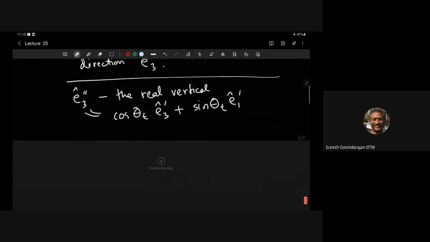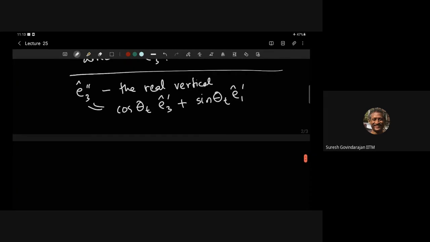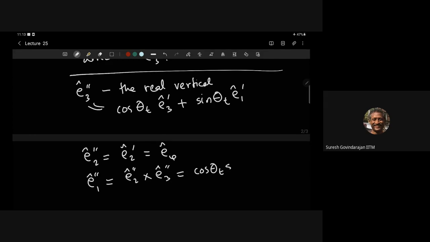So that is E3 double prime. Then E2 double prime will be just E2 prime, nothing happens, which is also equal to E hat phi. And then E1 double prime will be E2 double prime cross E3 double prime, just using the cross product. You can work this out; it is just cosine theta t E1 hat minus sine theta t.